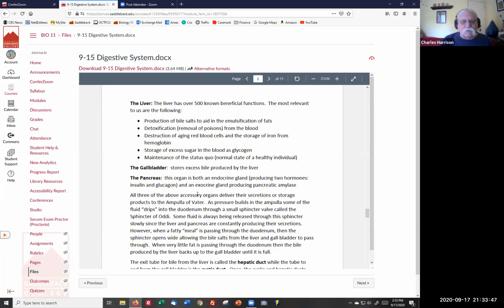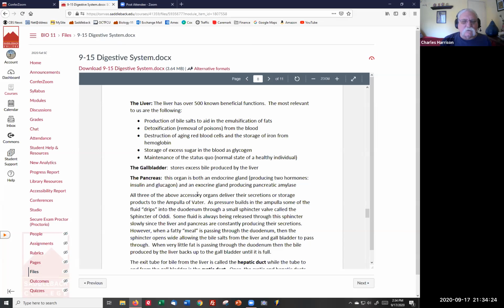The first one is the production of bile salts. You can call it bile or bile salts, but these chemicals produced by the liver make their way to the duodenum and small intestine, where they act to emulsify fat. If you don't eat fat, whether it's routine or just not on a particular day, this bile salt could be wasted if it's not stored.